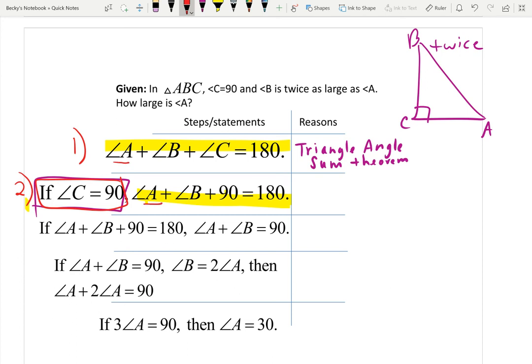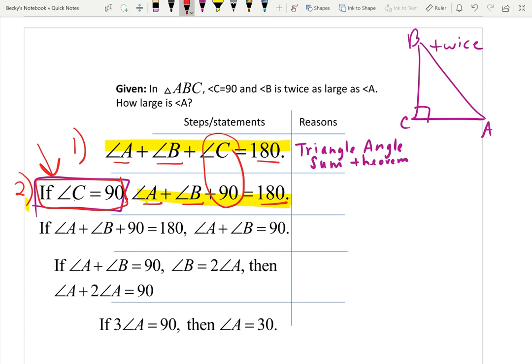It's angle A, angle A, angle B, 180, 180. Oh, these two change. What do you know about that relationship? Well, look over here at this big reminder. Isn't angle C the same thing as 90? Sure. So can I take out angle C and replace it with 90? Sure.